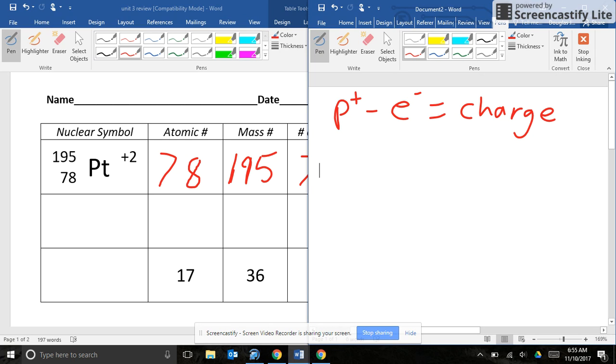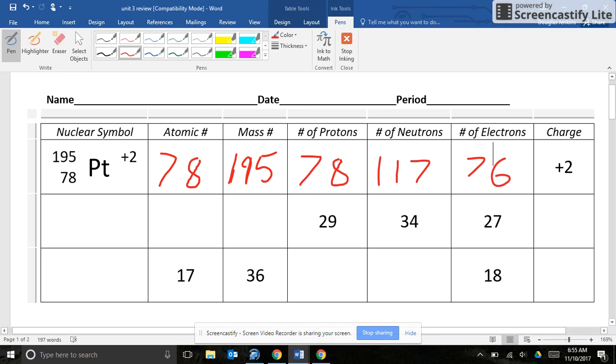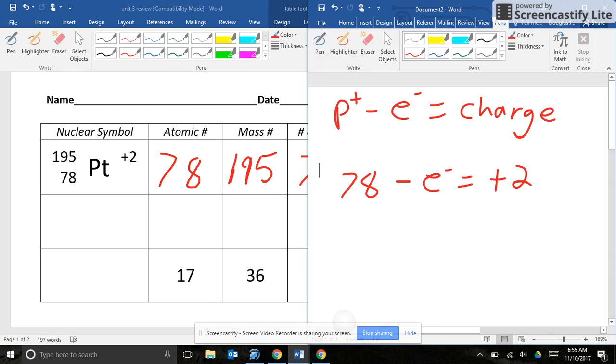Before, you knew that you had 78 protons, so 78 minus some unknown number of electrons is going to be equal to +2, which was the charge.